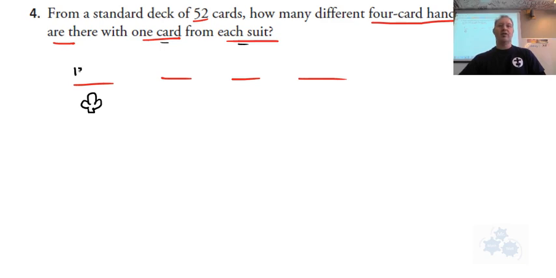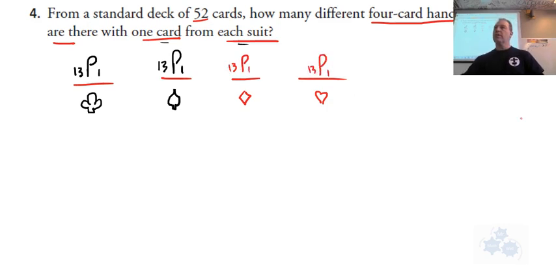You could do also, there's 13 and you want to pick how many? 1, okay? So that should be 13, right? All right, so for the spades, let's see if I can draw this any better. Oh, a little bit better. There's 13, pick 1 as well, right? And for the diamonds and for the hearts, those are both red. 13, pick 1, and 13, pick 1.